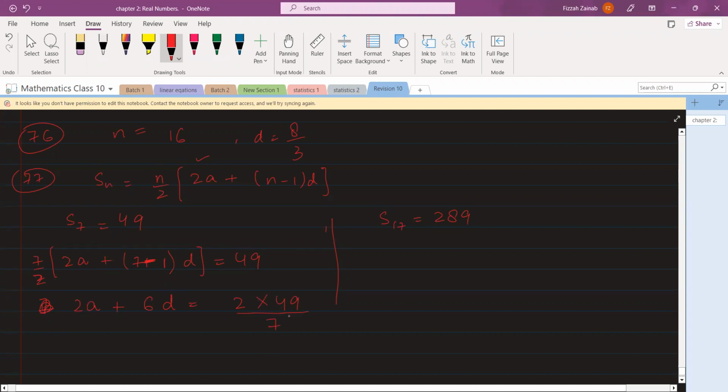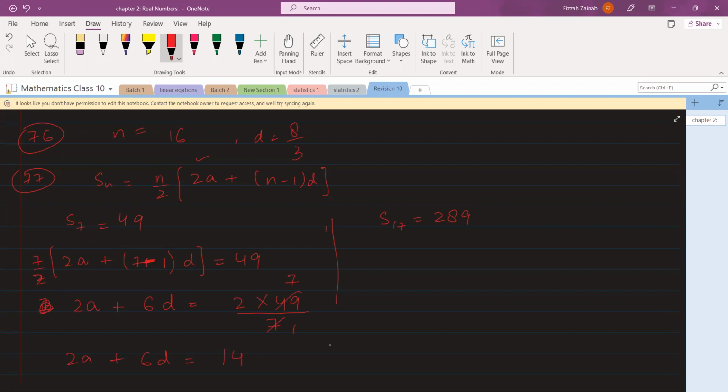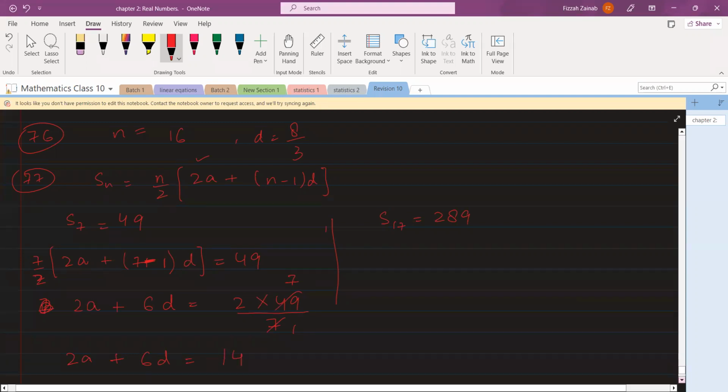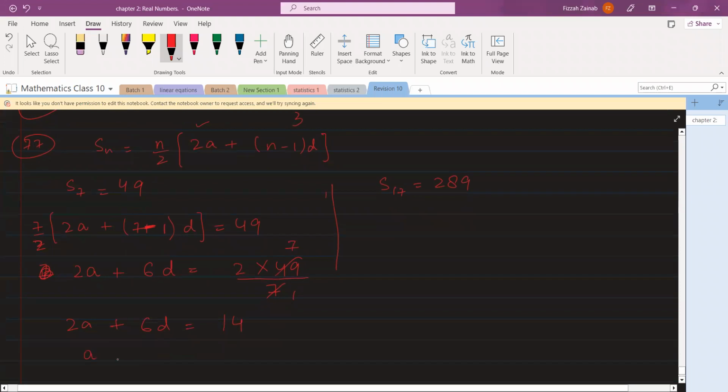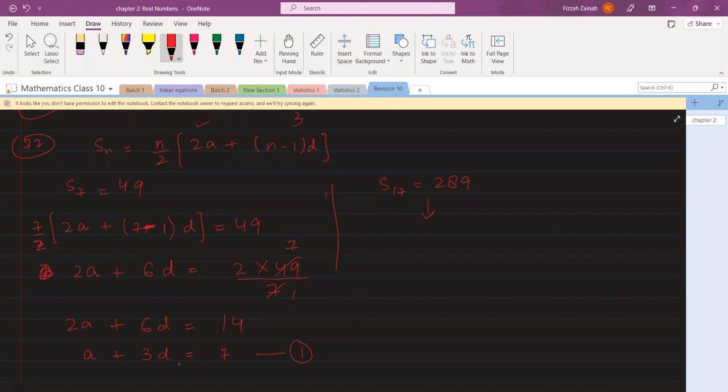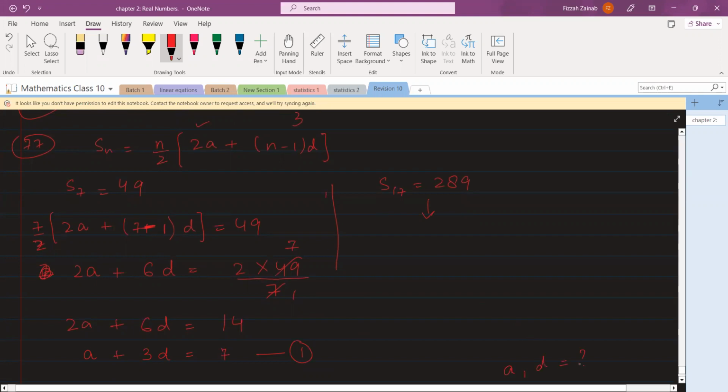Now 7 into 7 is 49, so 2a plus 6d is equal to 2 into 7, which is 14. Then throughout you can divide by 2. So this will become a plus 3d is equal to 7. This is your equation number 1. Similarly, you will obtain one equation from the second condition. Please obtain it and then solve the two linear equations and find the value of a and d. Please do it.